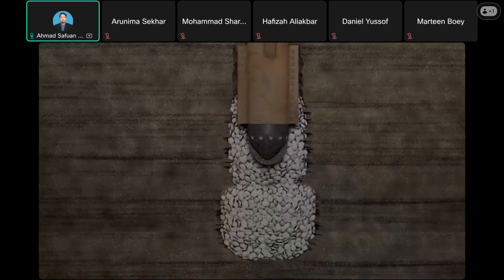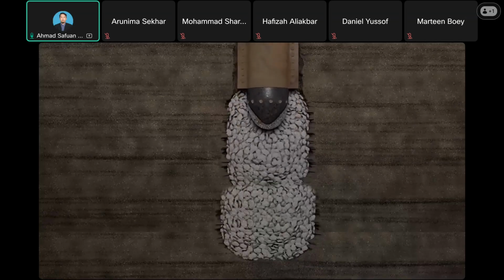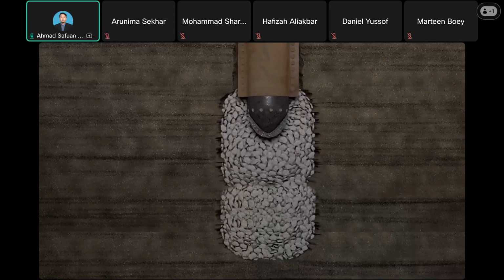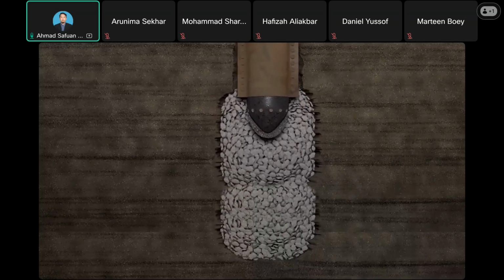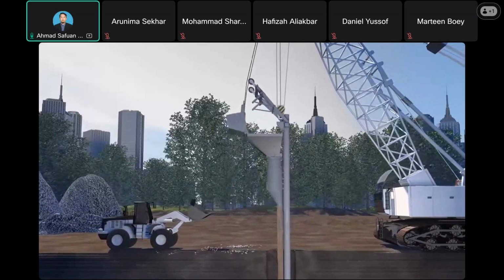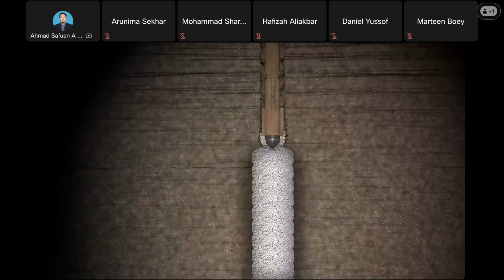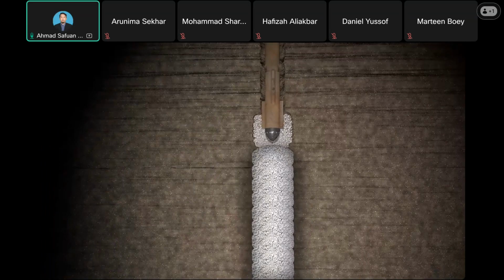So it means that the stone column material will be inserted from the bottom and then they vibrate it to densify the granular material.